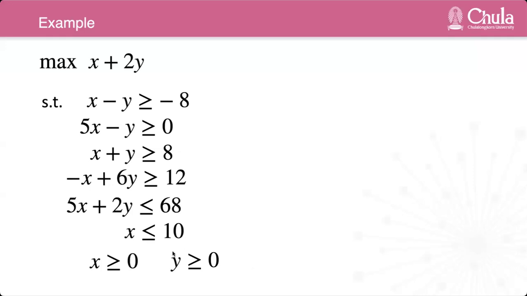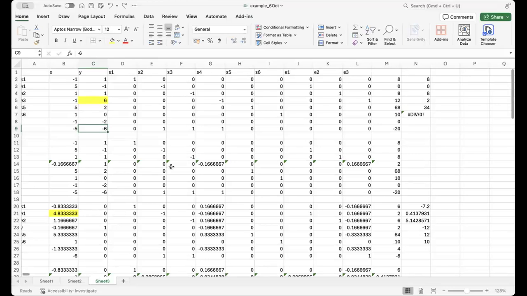And look at the Excel. You see, minus 5, minus 6. What about S1? S1 is 0, right? S2 is 1, 1, 1. 0, and then 0, 0. And then minus 20.